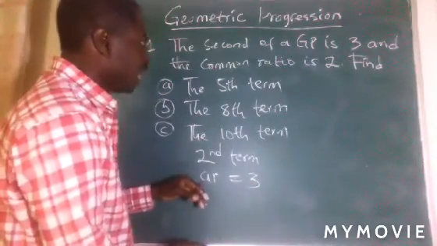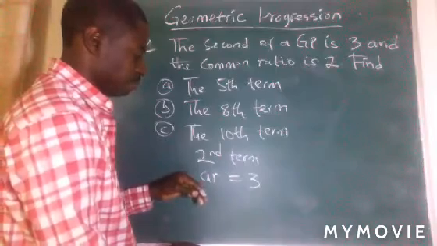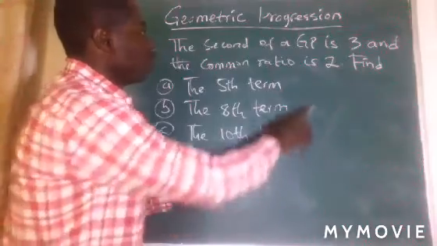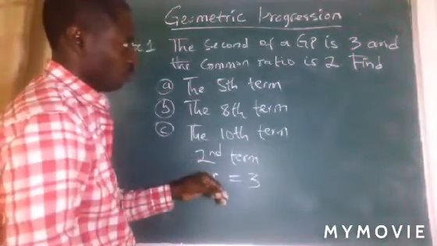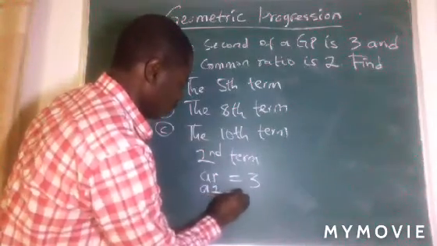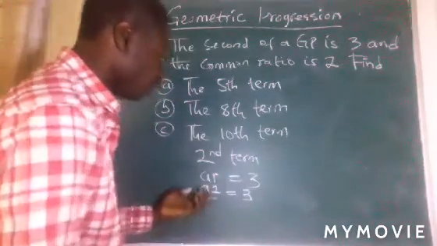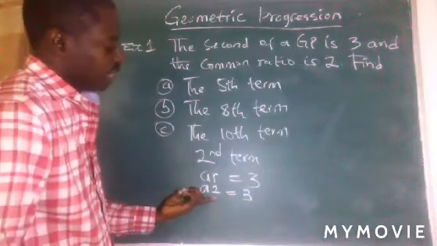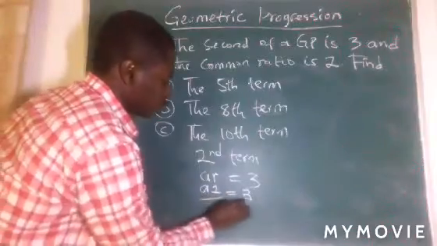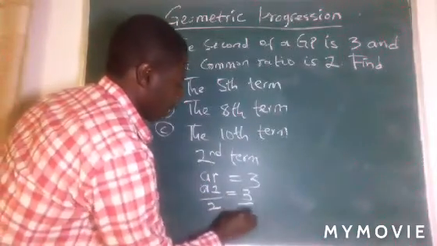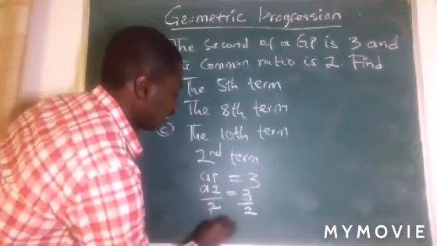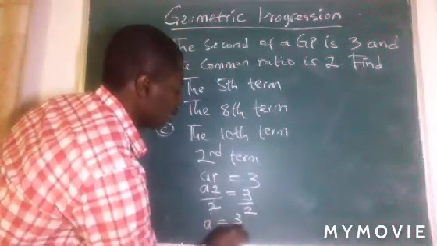Now, a is the first term. The common ratio is already known as 2. So we substitute here, and we have a times 2 is equal to 3. To find the first term a, we divide both sides by 2. So a is equal to 3 over 2.